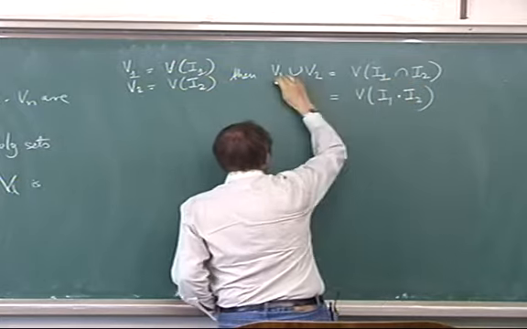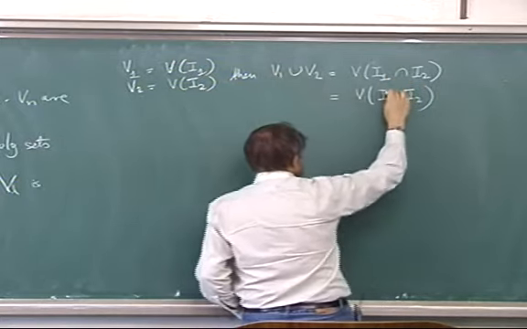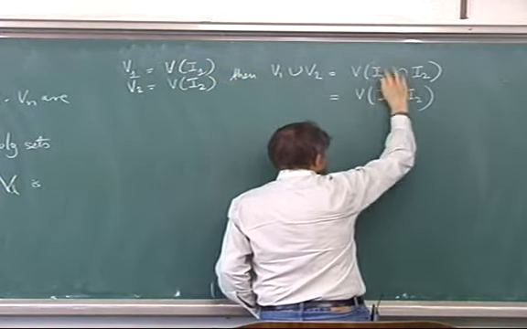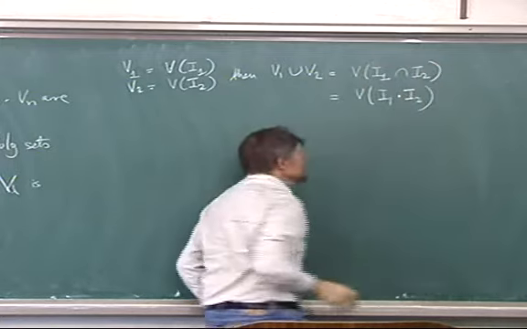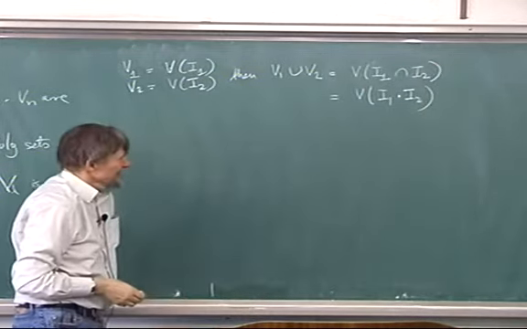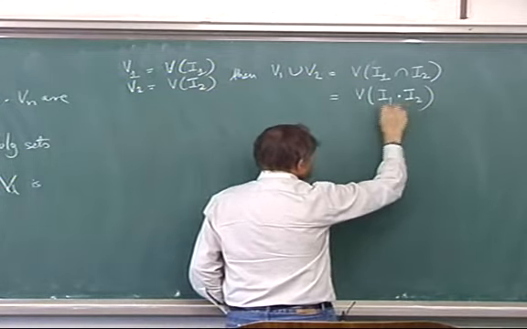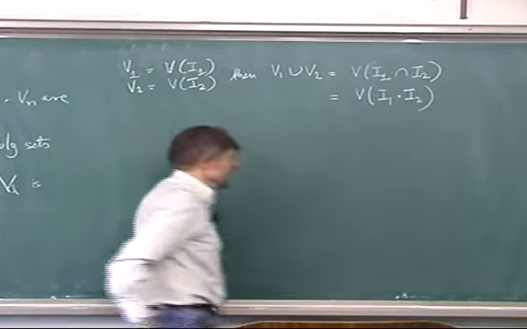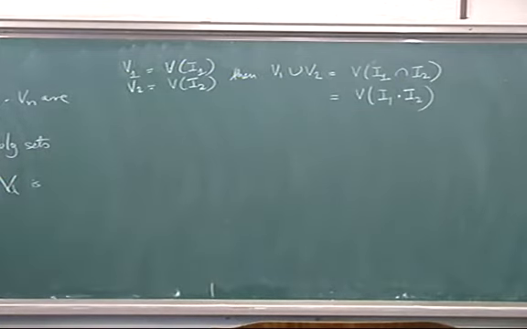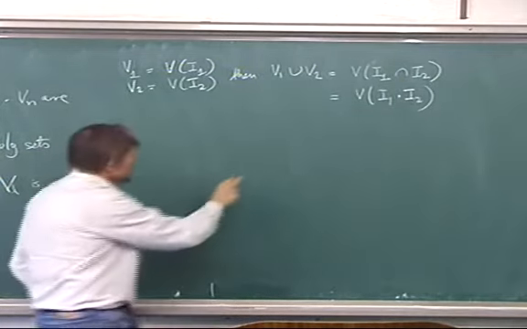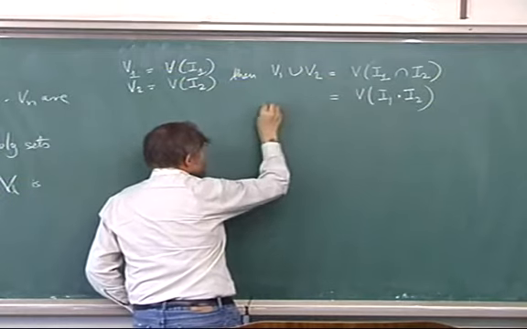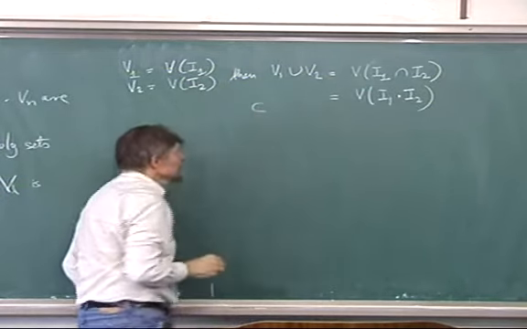If my point is in V1, then already everything here vanishes on it, and so certainly everything in the intersection vanishes. And this I1 times I2 is certainly contained in I1 intersect I2, and so the thing I just proved says that.